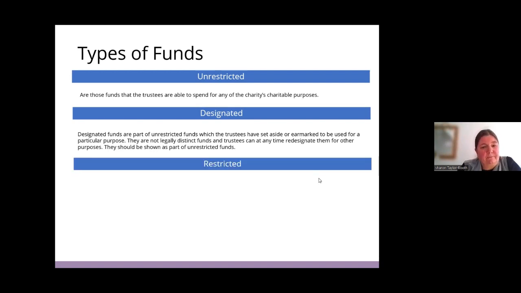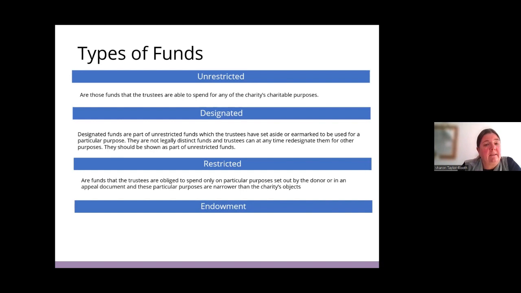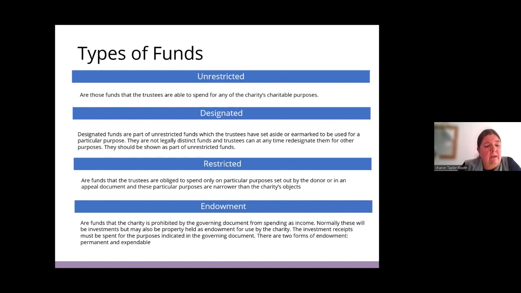Restricted funds. These are funds that the trustees are obliged to spend only on particular purposes set out by the donor or in an appeal document, and these particular purposes are narrower than the charity's objects. And then we have endowment funds. These are funds that the charity is prohibited by the governing document from spending as income.